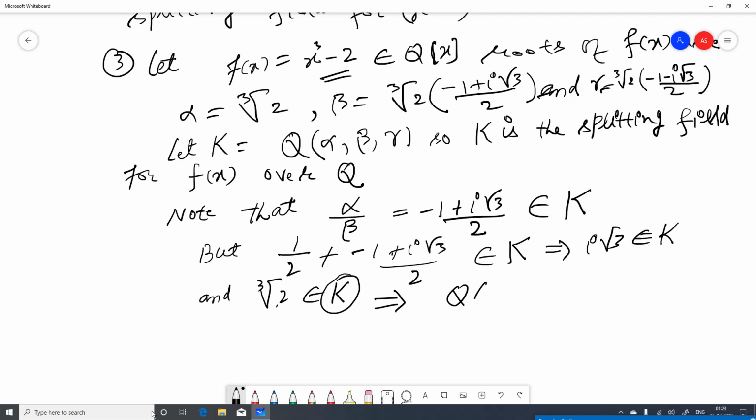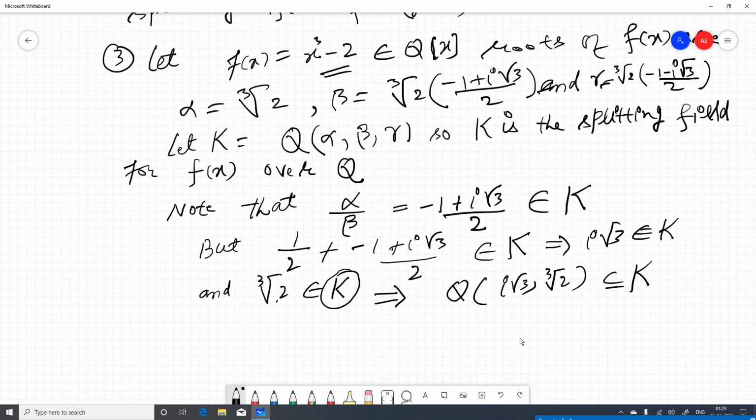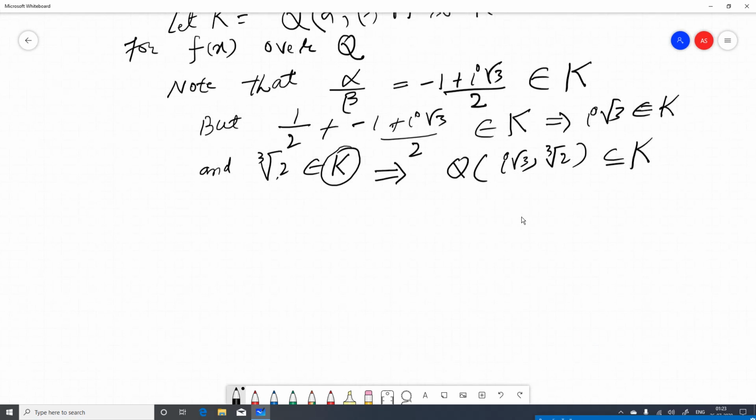So Q of i square root 3 and cube root of 2 is contained in K. What about the reverse inclusion?